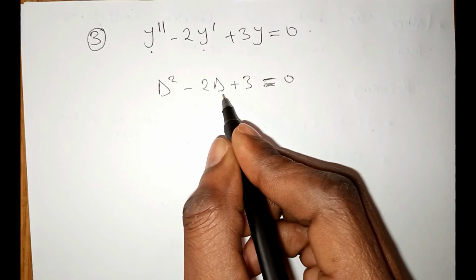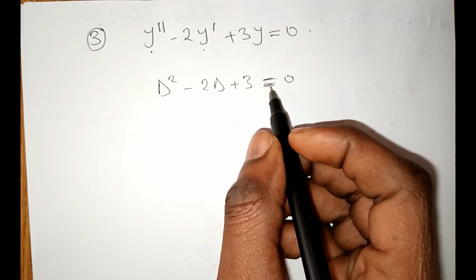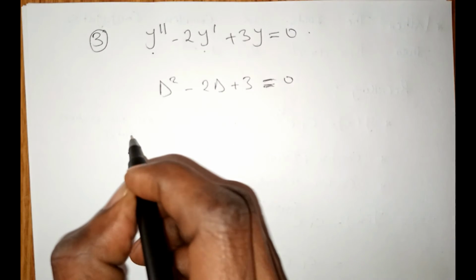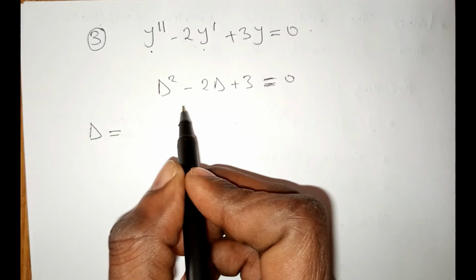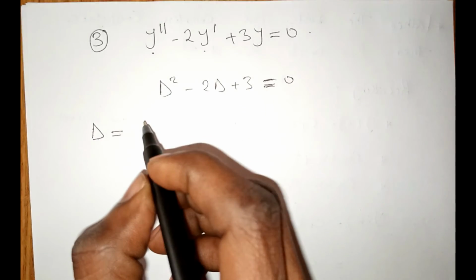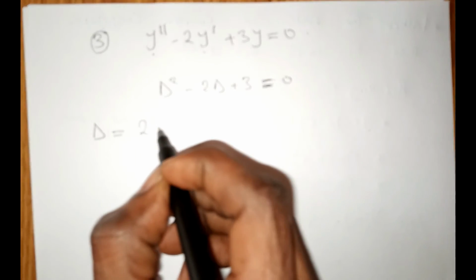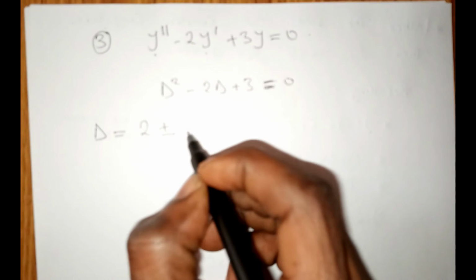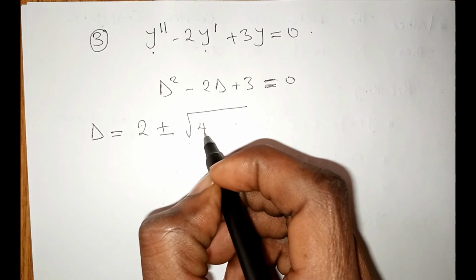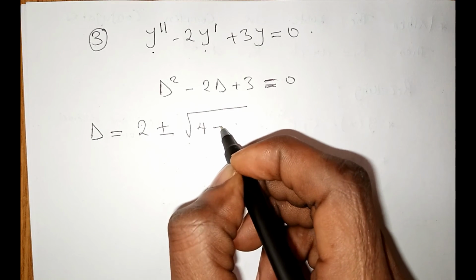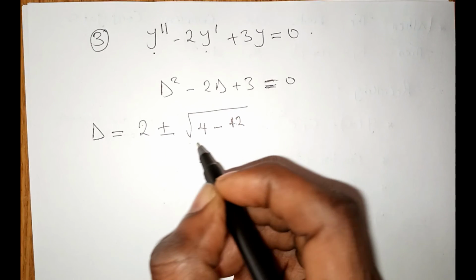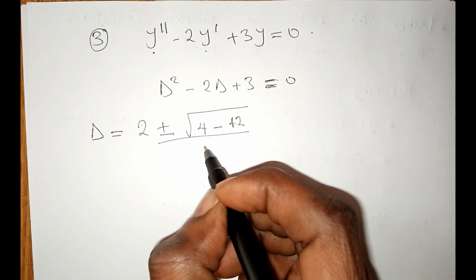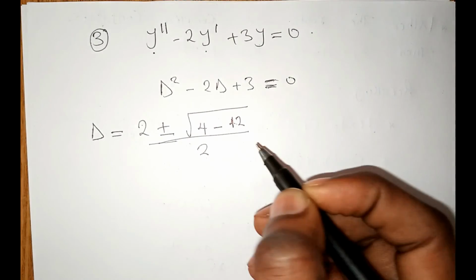So from here, this equation is not factorizable, so we are going to use the general formula, and by that D will be equal to minus of minus 2, which will be plus 2, plus or minus the root of 2 squared, which is 4, minus 4ac, that is 4 times 3 which is 12, all over 2a, a is 1, so divided by 2.